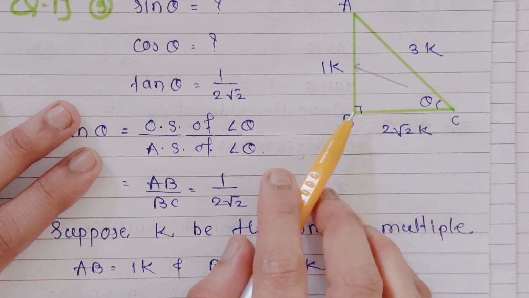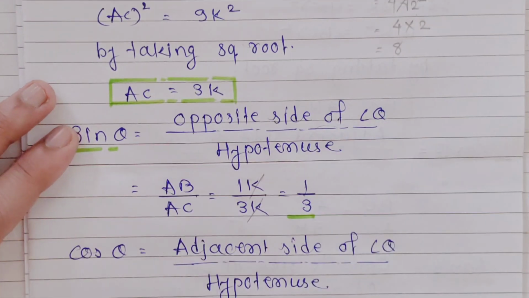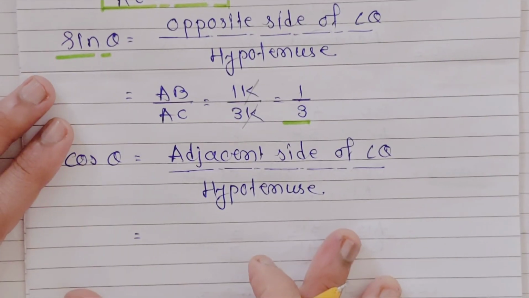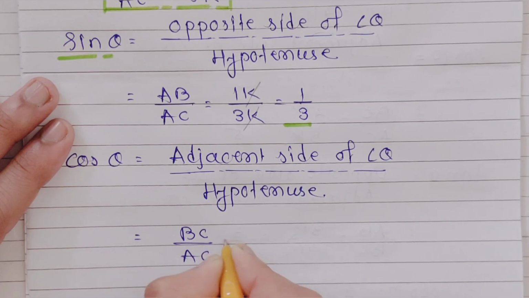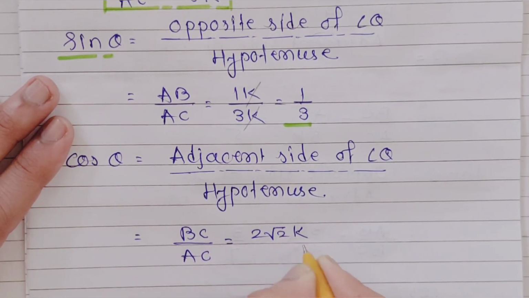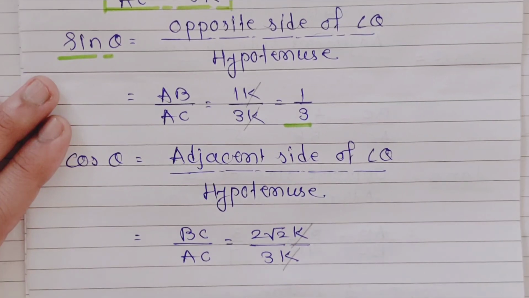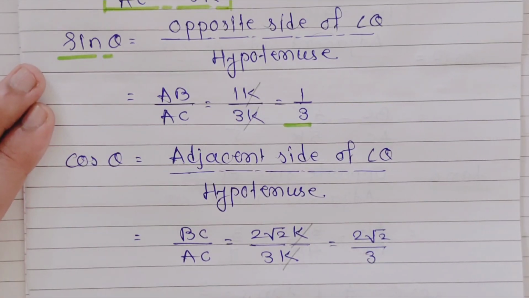That means the ratio is BC upon AC. Is it clear? So we can write cos theta is equal to adjacent side, that means BC, upon hypotenuse, it is AC. And BC is equal to 2 root 2 K upon AC, it is 3K. Is it clear? So K cancels with K, remaining 2 root 2 upon 3. It is nothing but cos theta.